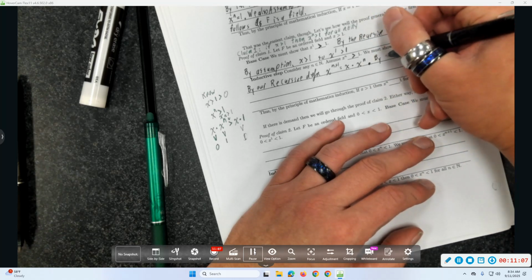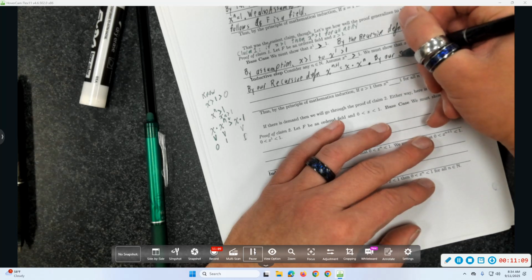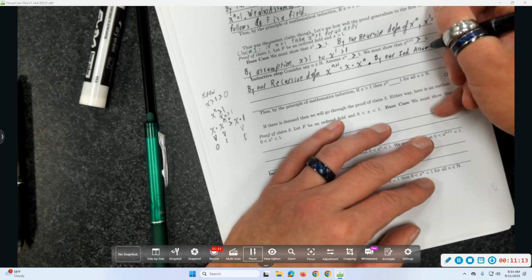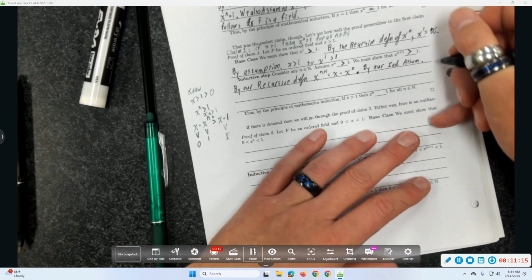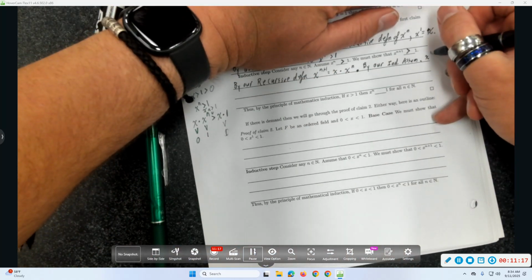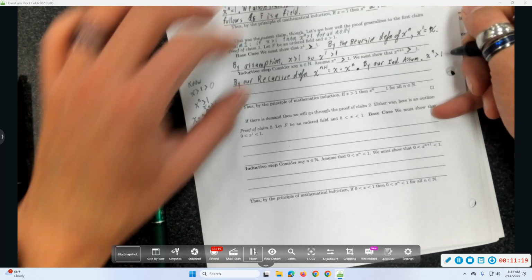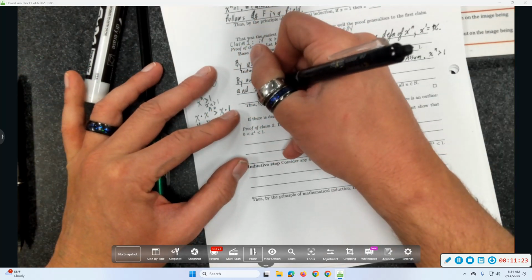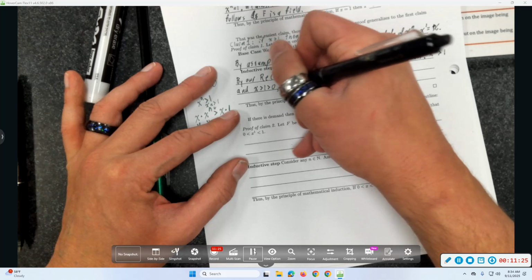By our inductive assumption, x to the n is bigger than 1, and x is bigger than 1, which is bigger than 0.